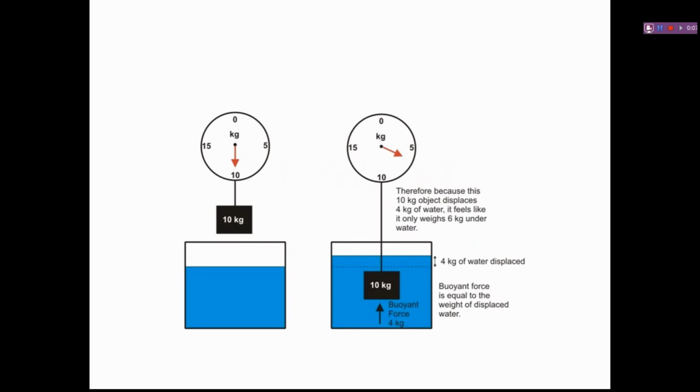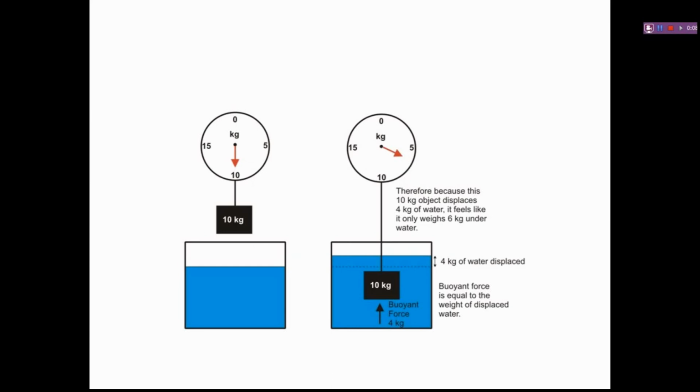You can see that when the object weighing 10 kilogram is immersed in the liquid, it weighs less. You can see from the diagram. That means the buoyant force exerts an upward force on the body, and naturally that causes a reduction in the weight of the object. From the left image you can see that the object is 10 kg and the balance shows 10 kg, but when it is immersed in the liquid, the weight is reduced.